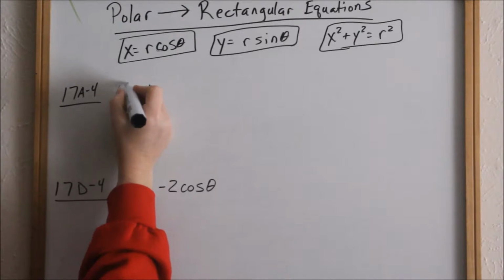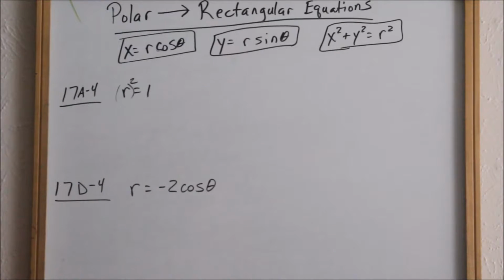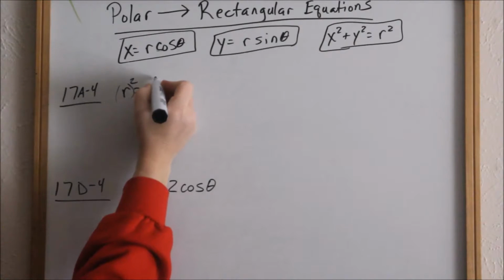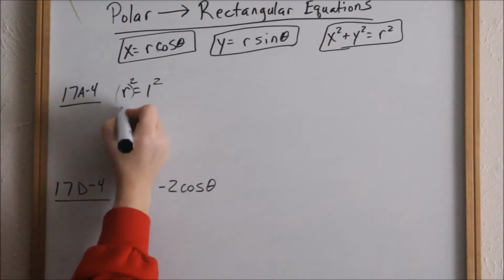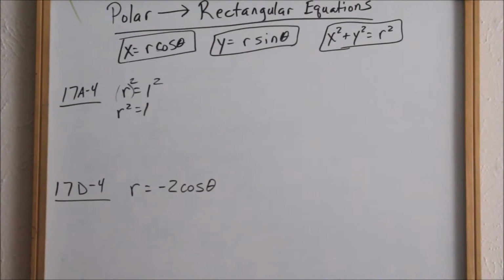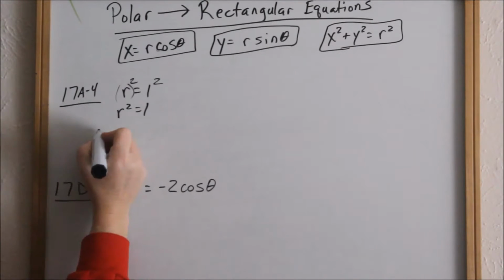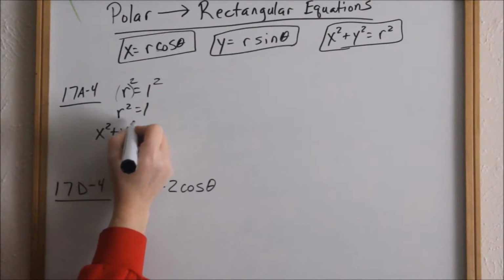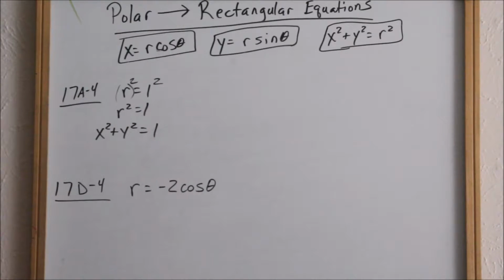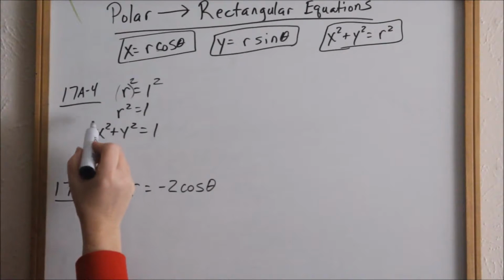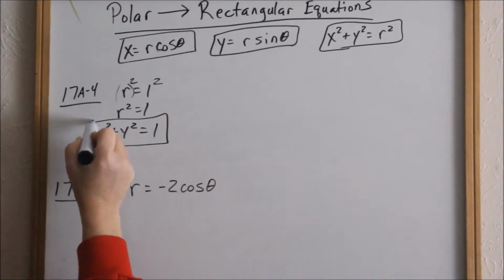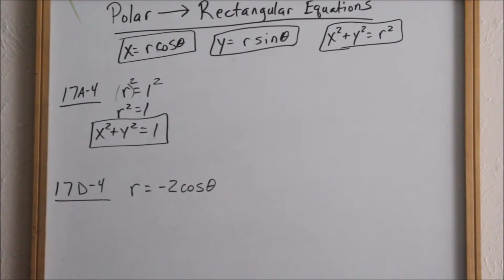If I square this side, then in the rules of math, I have to square the other side. So now I have r squared equals 1. Everywhere I see an r squared, I can replace it with x squared plus y squared, and there we go. So now I have a rectangular equation, and we can leave it in that form. That is a circle.